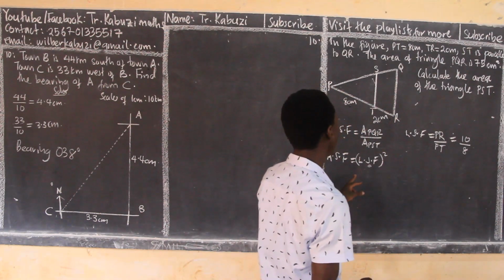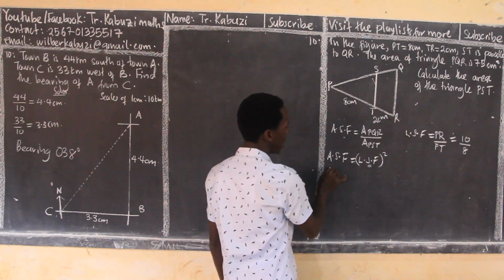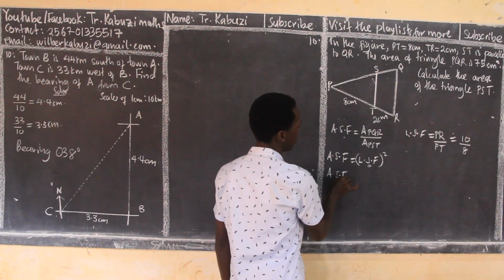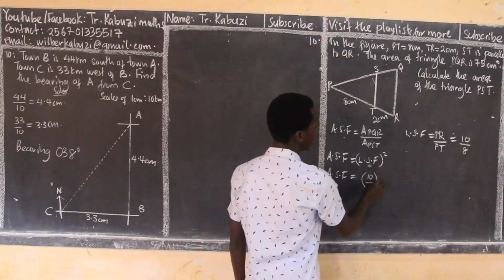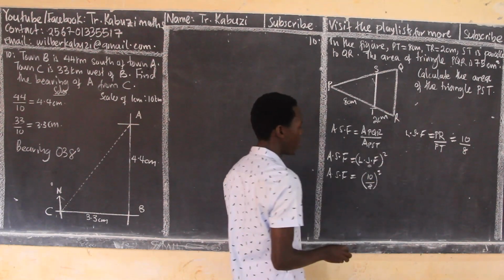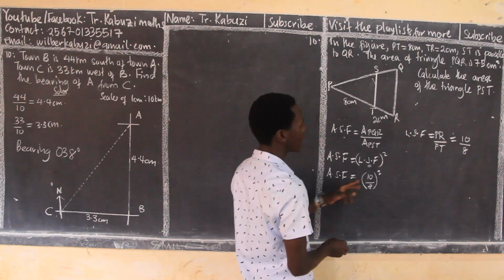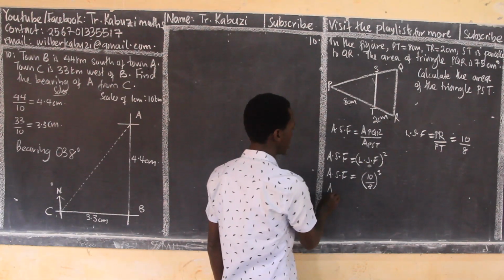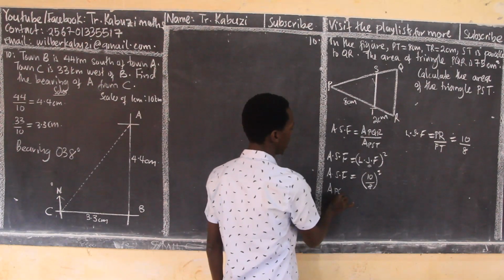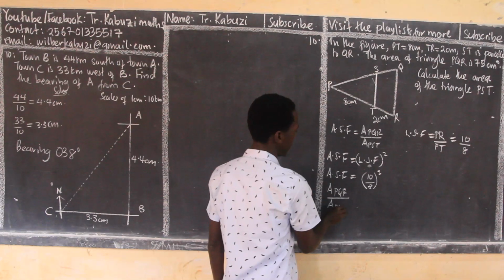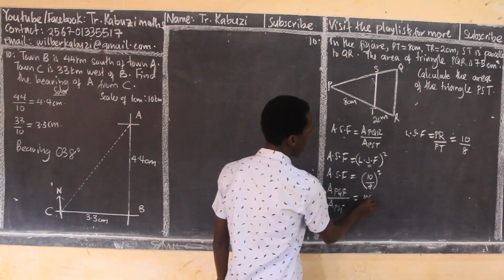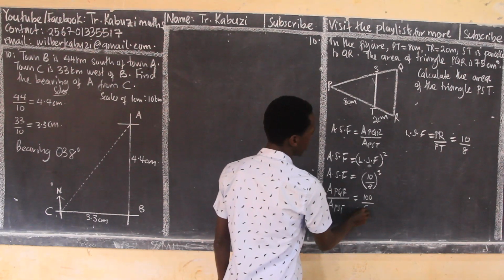Okay, so that's what we have. Now I can substitute here. My area scale factor will be equal to the linear scale factor, which is 10 over 8, the whole squared. But my area scale factor is the area of PQR over the area of PST. This will give me 100 over 64.